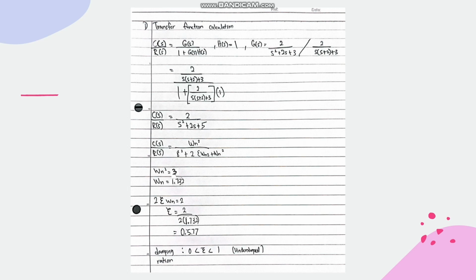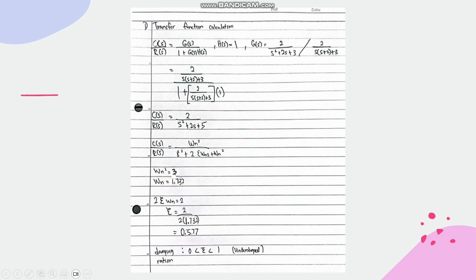In this case, the open loop transfer function is G(s) equals 2 over s^2 plus 2s plus 3, and for H(s), it is 1.